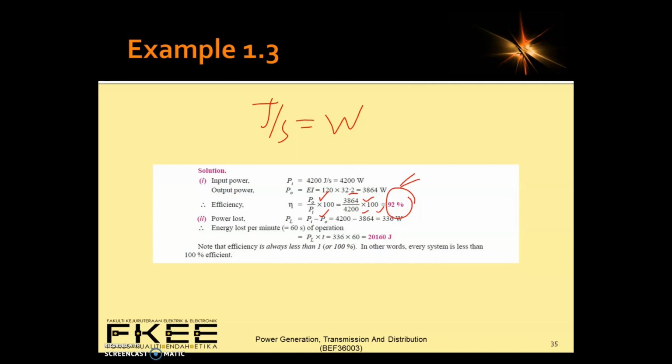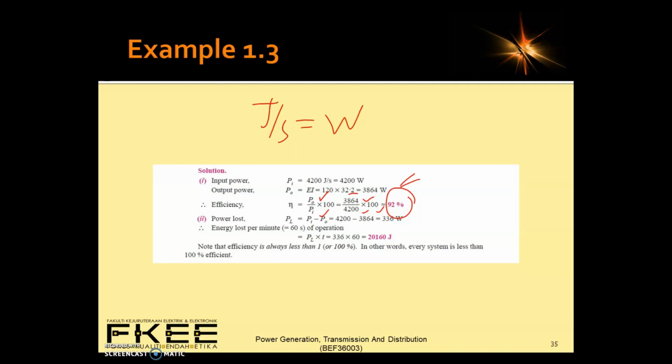Next we have to calculate the energy loss per minute of operation. So power loss PL is equivalent to P input minus P output. 4,200 minus 3,864. So we got P loss is 336 watts.